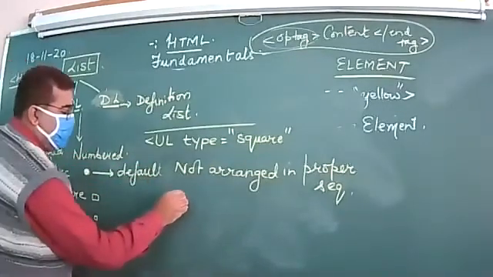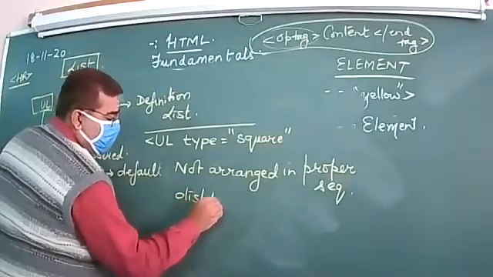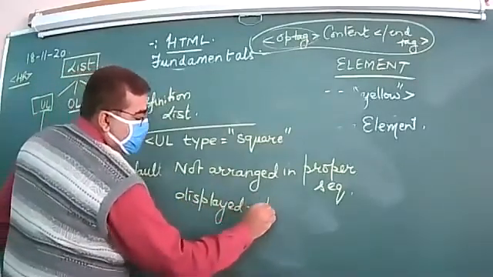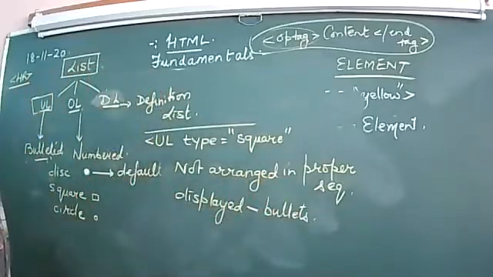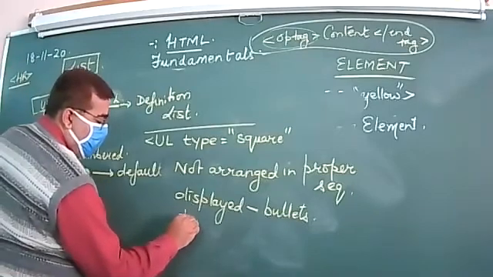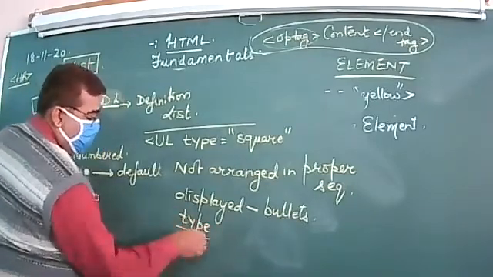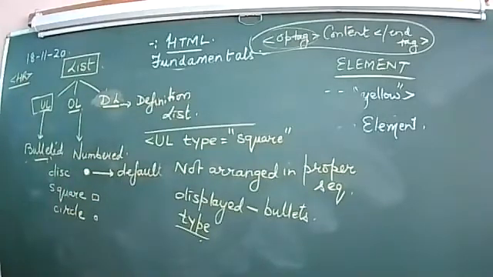And items are displayed in the form of bullets. Clear? And it contains only one attribute, that is called type. Got it?